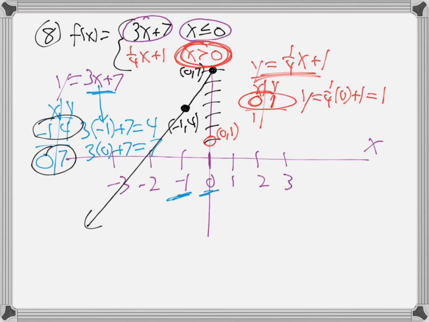That makes sense? So I took the equation, y equals 1/4 x plus 1, and I plugged in x is 0. And then I just worked it out. 1/4 times 0 is 0. Add 1 is 1. So that gave me the point over 0, up 1, but I made it an open dot because I don't really quite make it all the way there.